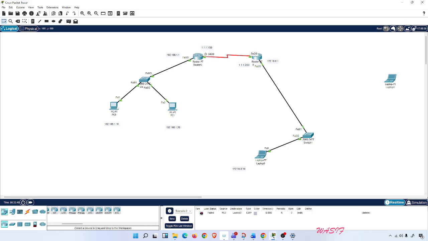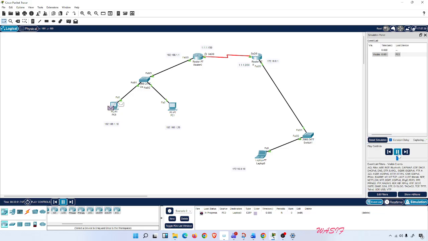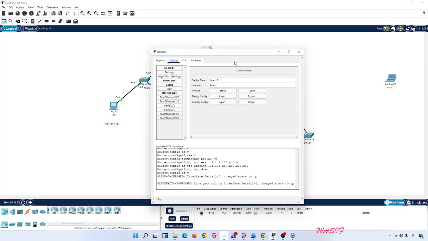Why did it fail? Let's go to the simulation, start. So you are sending here to here, then it goes there. Now you see over there it got denied, and it says that it is unreachable, see, red. Now come to the real time. Why did it get denied?